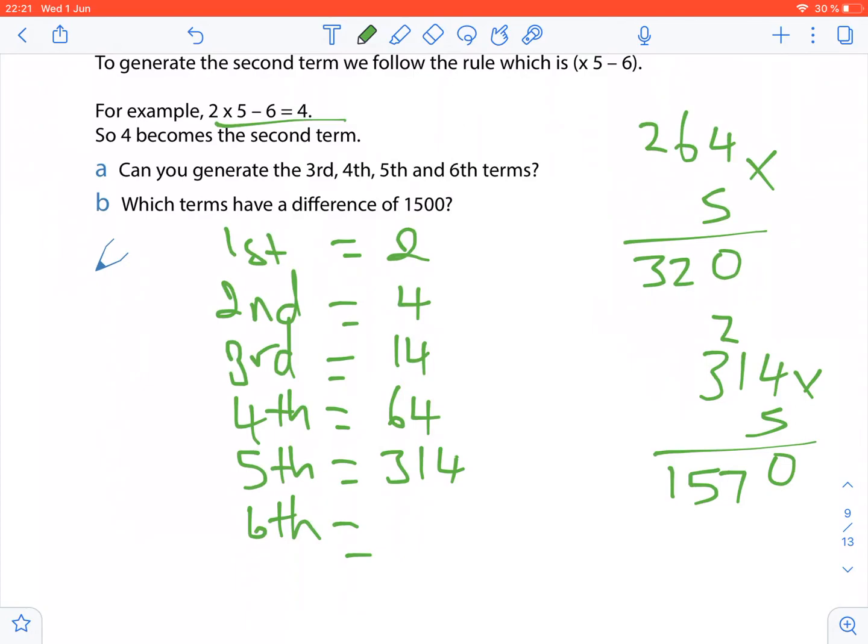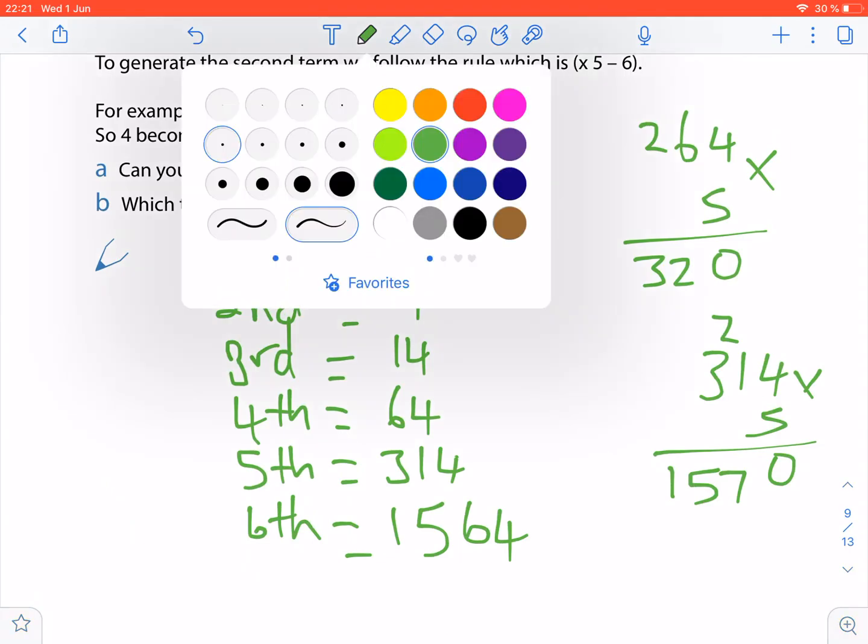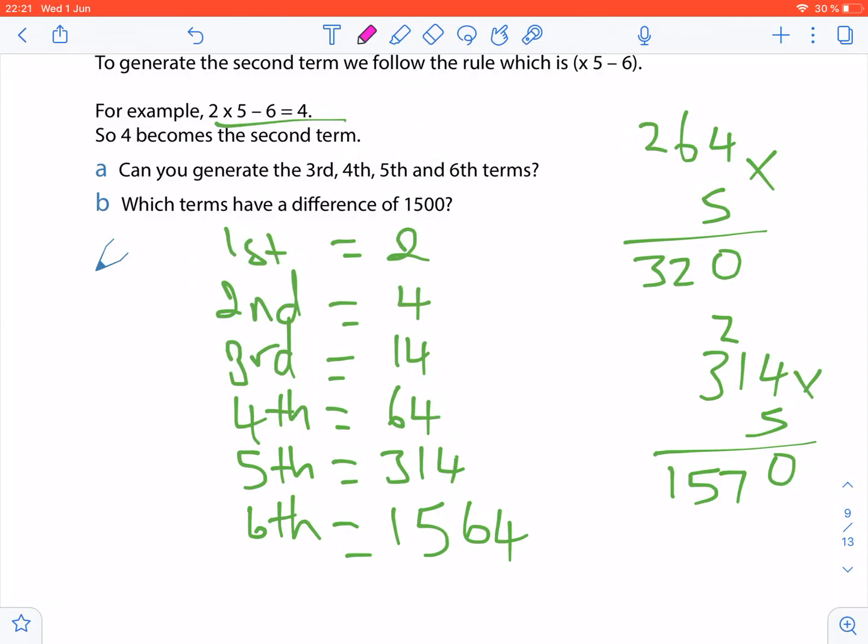Then take away 6 gives us 1,564. Okay. So there we go. And then finally, which terms have a difference of 1,500? That should be quite easy to spot if you've done this correctly. So 64 and 1,564 have a difference of 1,500.